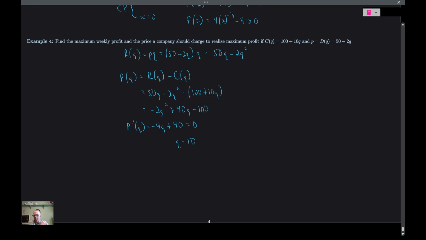Now, this is a linear derivative. It has a negative slope, so that tells us that it's going to look like that. So we know that it's going to cross the intercept at 10. So before 10, it's going to be positive. After 10, it's going to be negative.